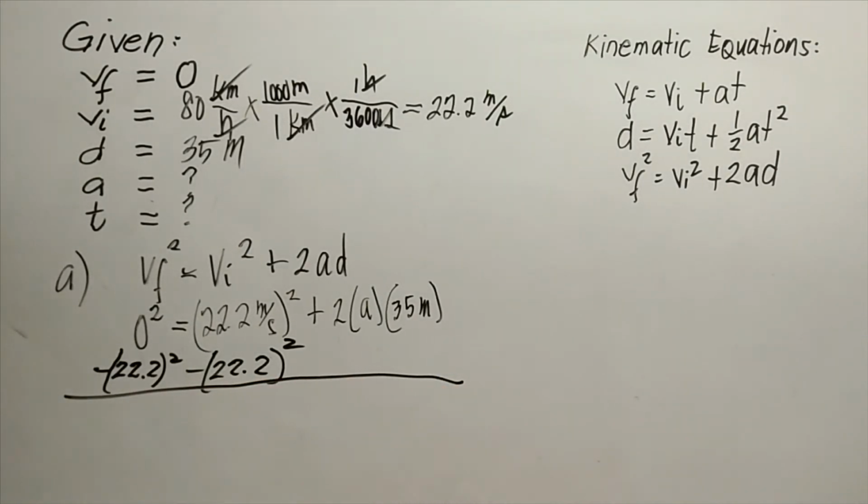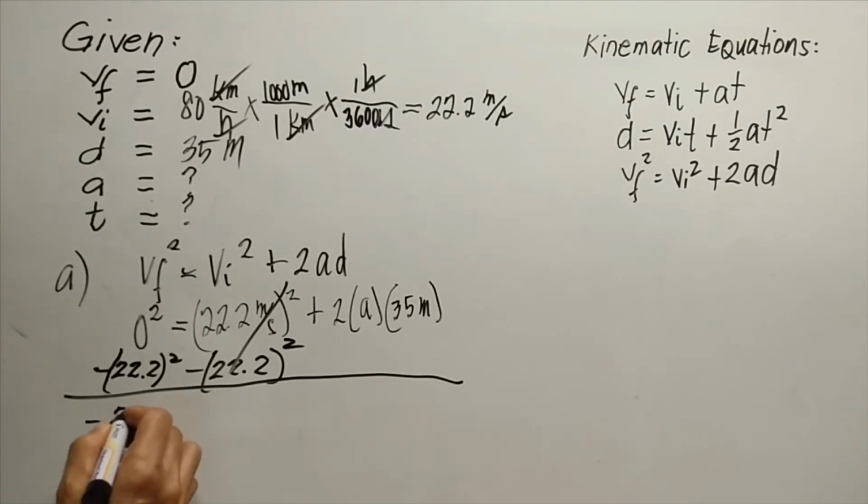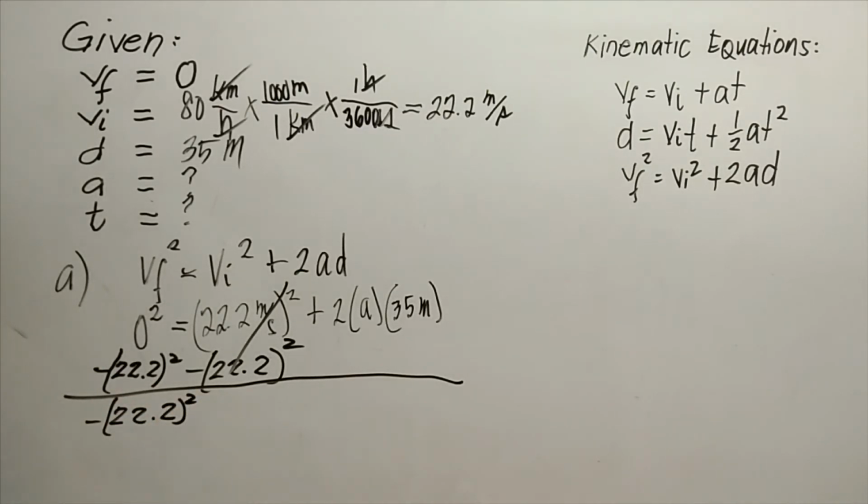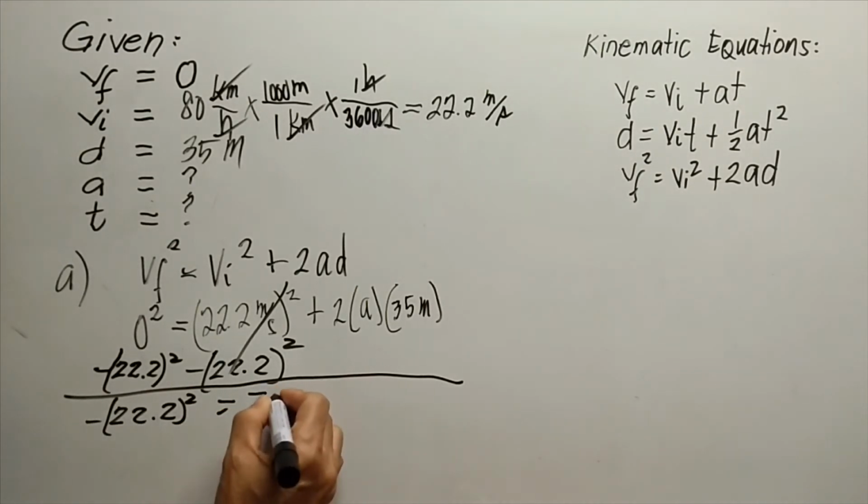So this will become 0. And this one will be negative 22.2 squared is equal to 70A.